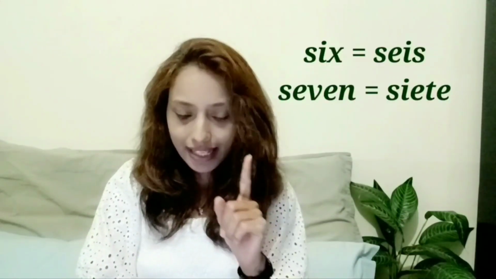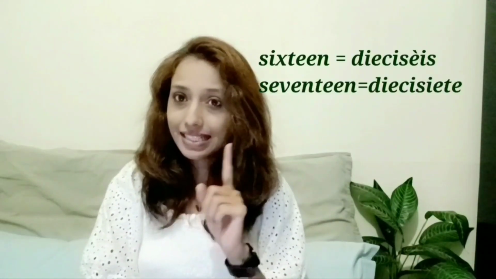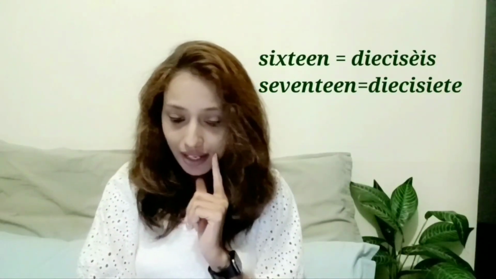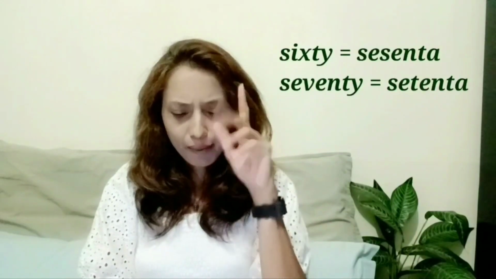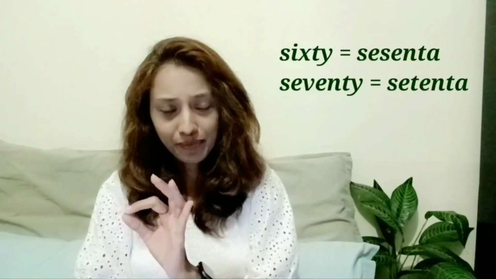So 6 is 6, 7 is 7. Okay, easy. Now we go to 16 and 17. Okay, and then we go to 60 and 70.